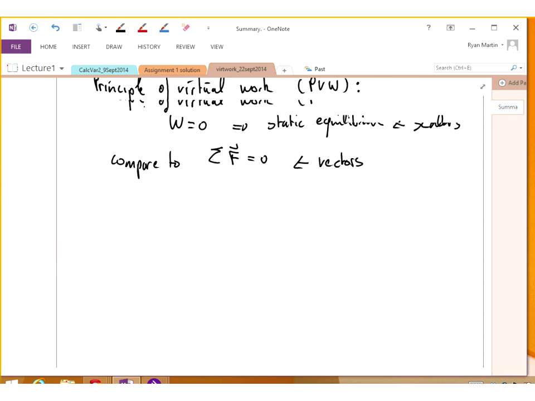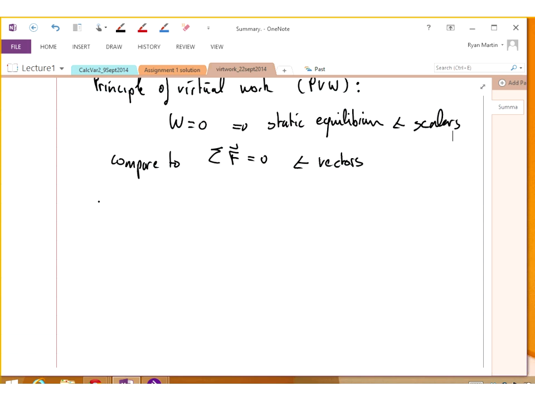Now these virtual displacement delta R's, we found that in general for classical mechanics we want to use a set of generalized coordinates so that if possible the coordinates can be independent of each other. And so that led us to defining the concept of a generalized force to go with these generalized coordinates.